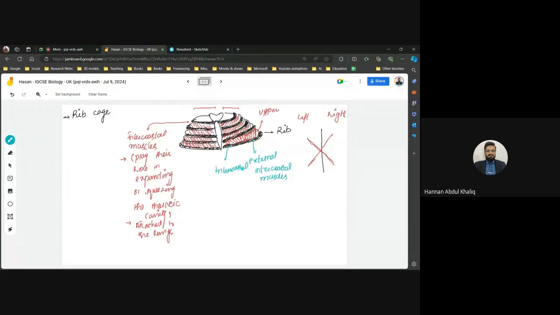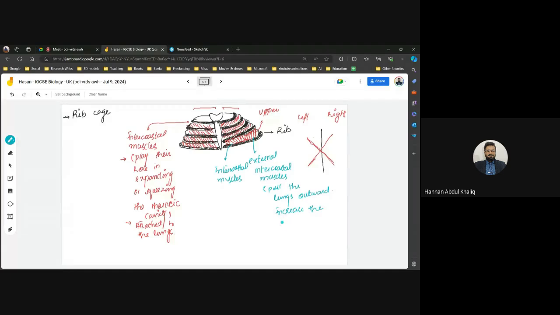Now, what would their functions be? The external intercostal muscles would pull the lungs outward, or in other words, increase the thoracic volume.